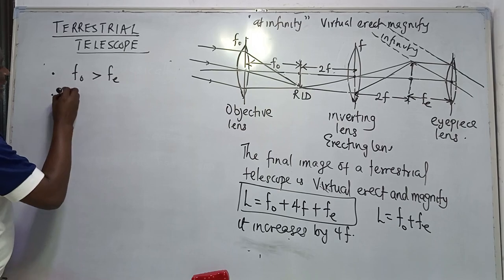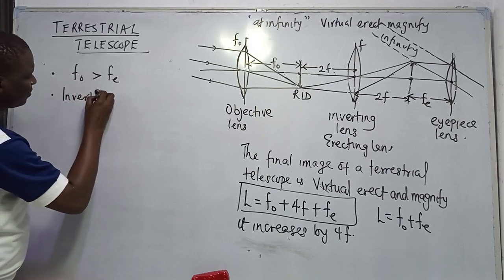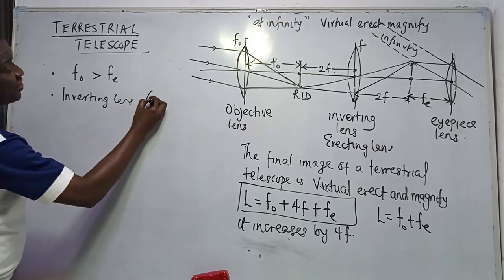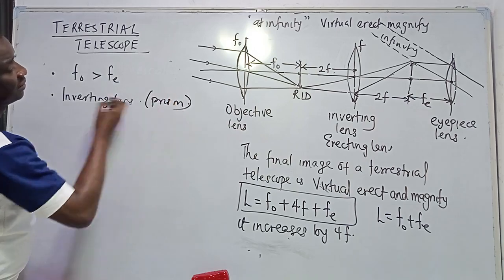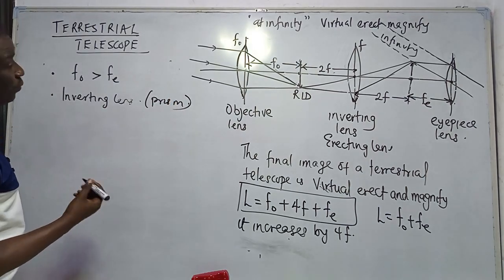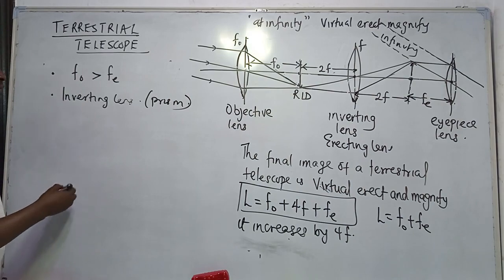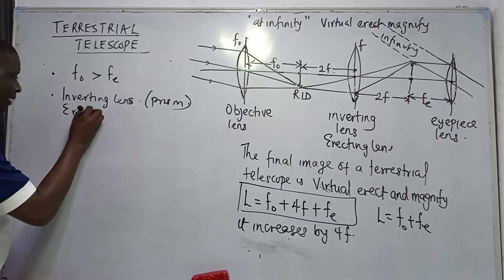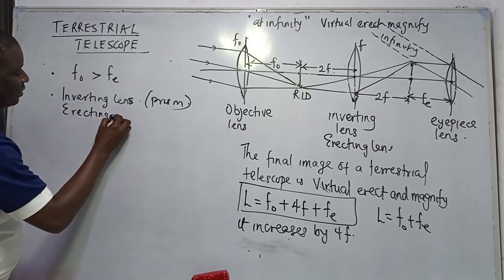Which lens? We said an inverting lens, or what we call, sometimes we can use a prism to do that. So please take note of that. A prism can be used instead of what we also call erecting lenses.